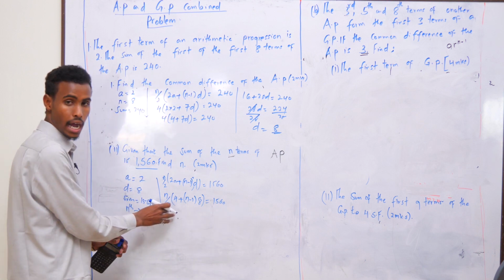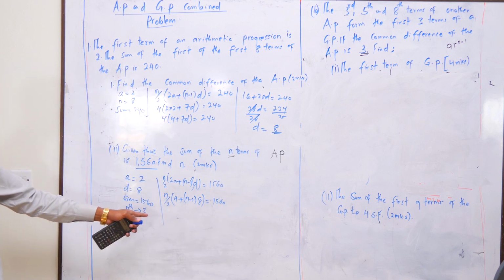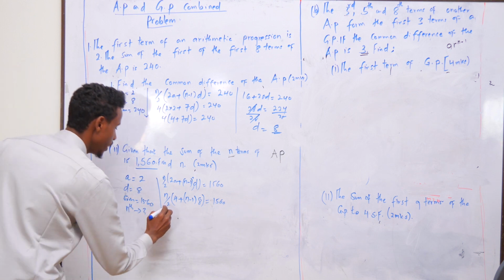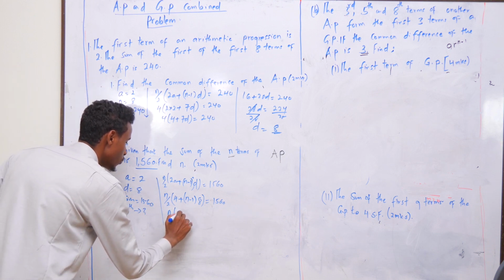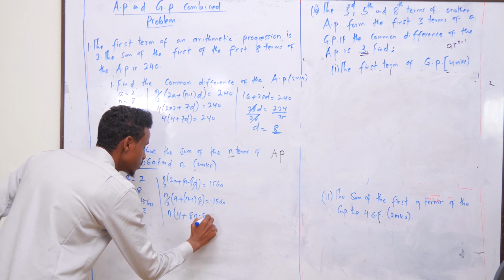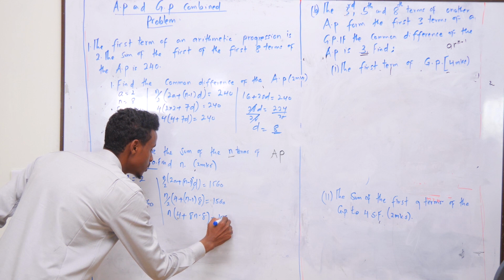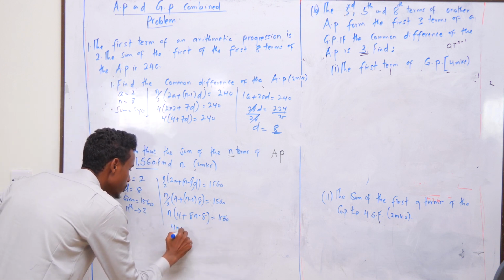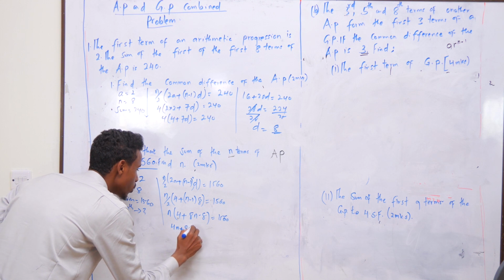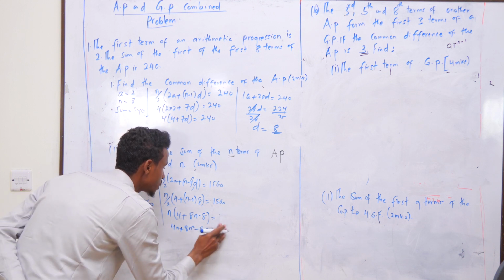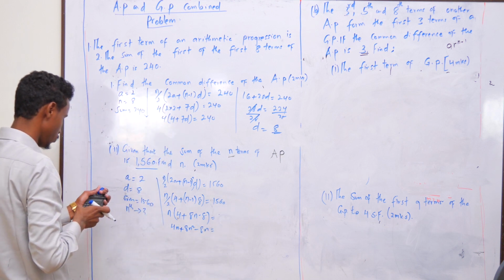Now here we have a denominator, that is over 2. So multiply it across. It will be n into (4 plus 8n minus 8) gives us 1560 times 2, which is 3120. Now opening up the bracket, it will be 4n plus 8n squared minus 8n is equal to 1560 times 2.